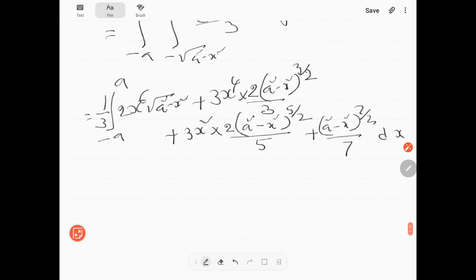Now we need to integrate this with respect to x. If you observe, everywhere I am seeing x square, x power 4, x power 6, something like that. So it is an even function, so I can write it as twice the integral.